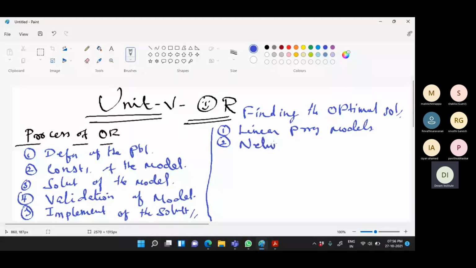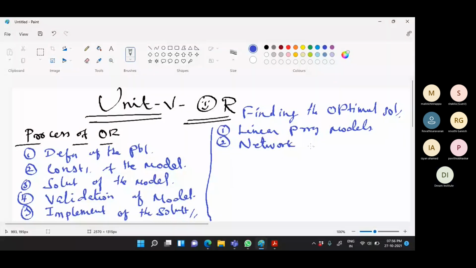Network flow model. Simple queuing model.